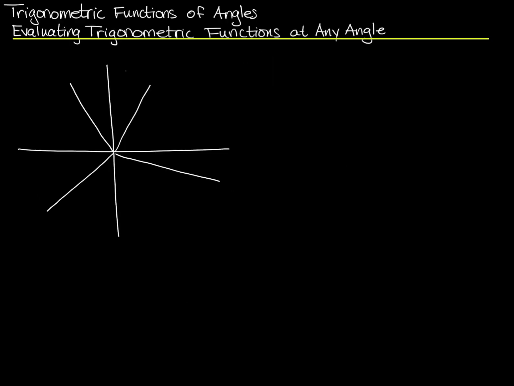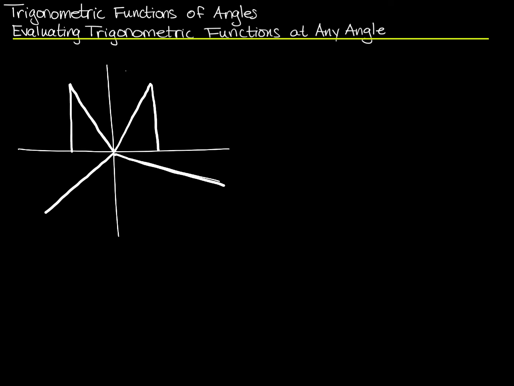Okay, I've drawn this coordinate system here, and I've put generic angles in quadrants 1, 2, 3, and 4. When I drop a vertical for any of those angles, I get this one here, there's one there.